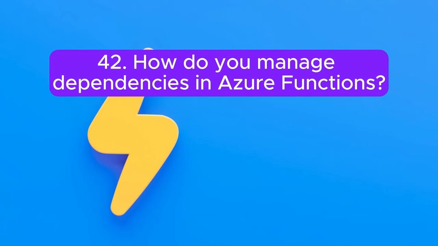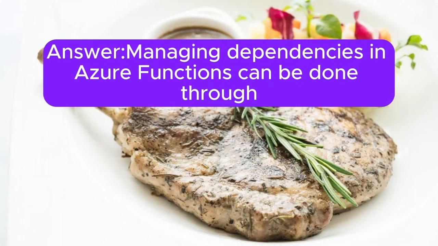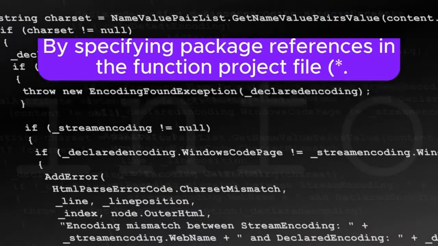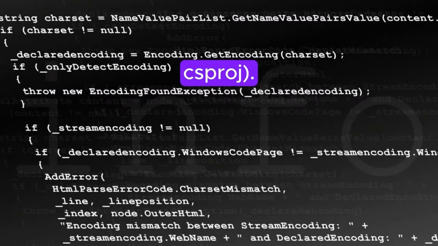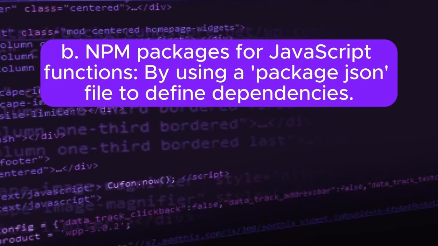42. How do you manage dependencies in Azure Functions? Answer. Managing dependencies in Azure Functions can be done through A. NuGet packages for C# functions by specifying package references in the function project file, .csproj. B. NPM packages for JavaScript functions by using a package.json file to define dependencies.